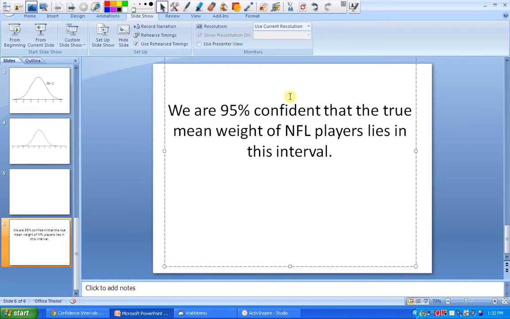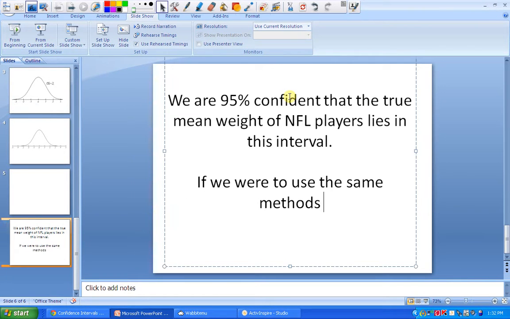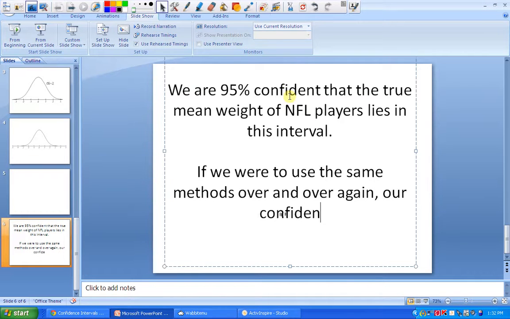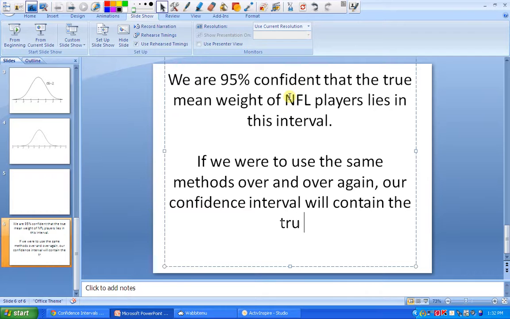They'll say interpret 95% confidence, or interpret the confidence level. What we do there is we say, if we were to use the same methods over and over again, it doesn't have to be exactly this wording, our confidence interval will contain the true mean 95% of the time.